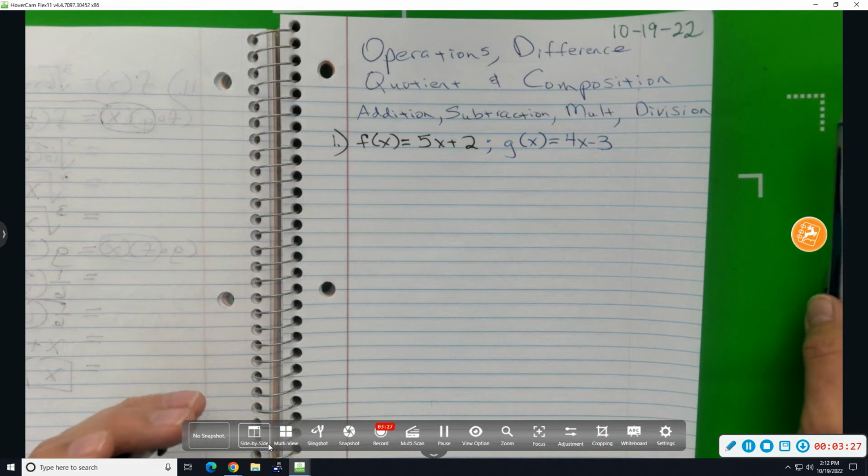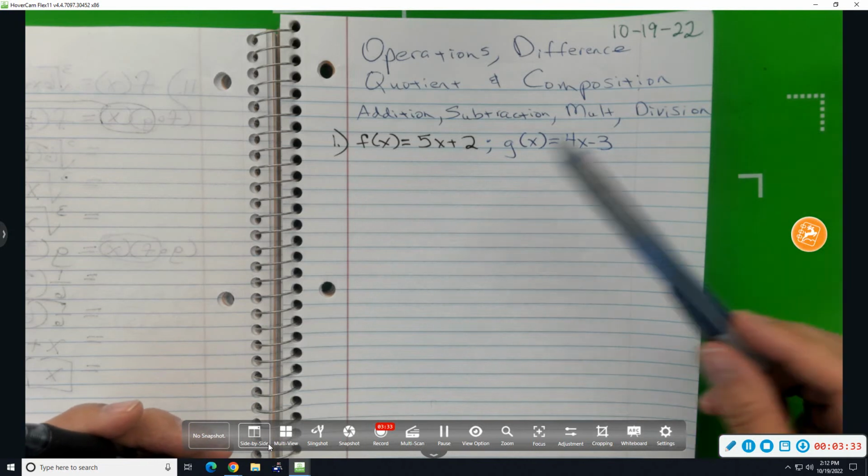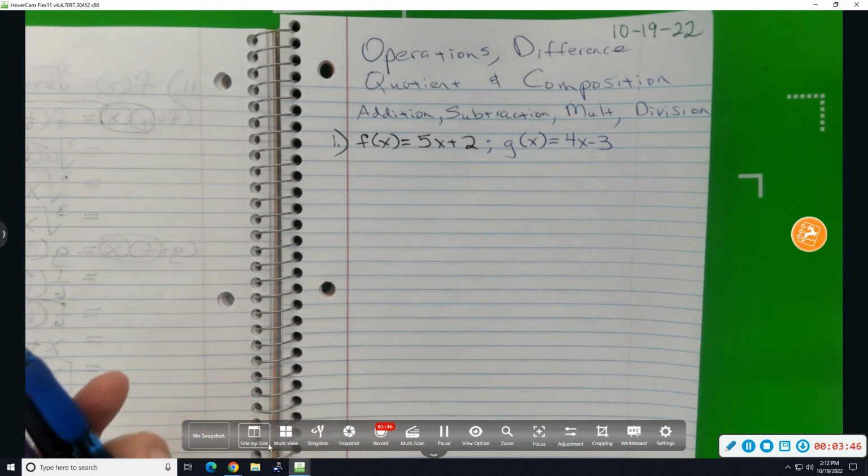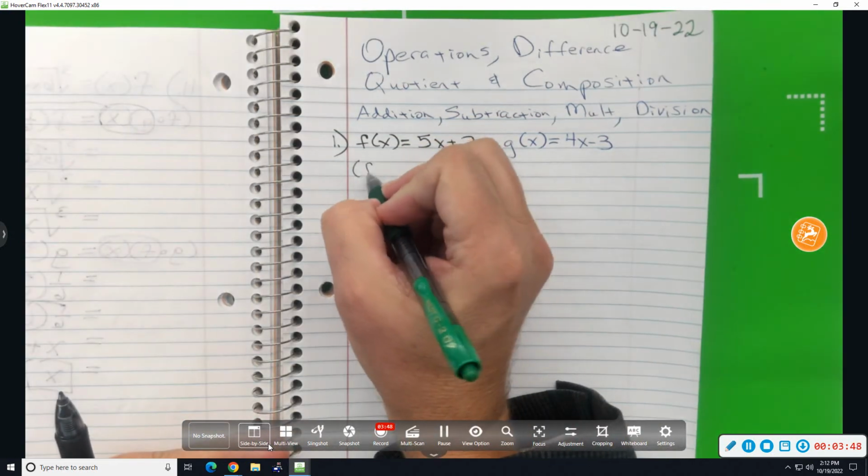I don't see any fractions. I don't see any square roots. So unless we're told otherwise, what would we assume the domain is for these two functions? Negative infinity to positive infinity, all real numbers. That'll become important in a moment, but we'll start off with just f plus g.